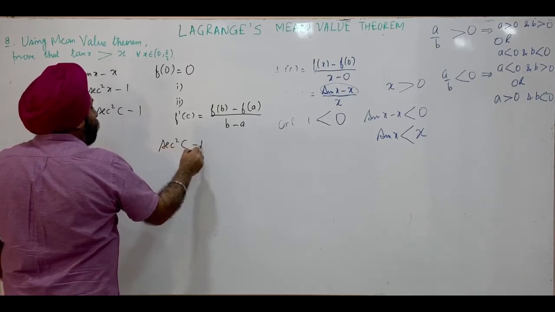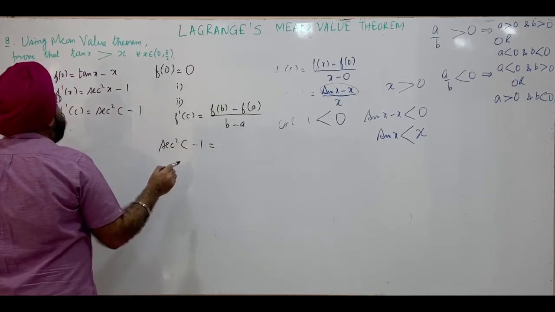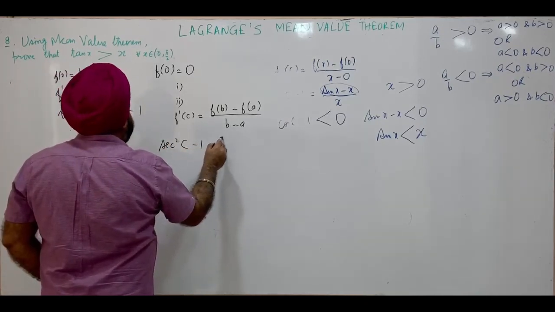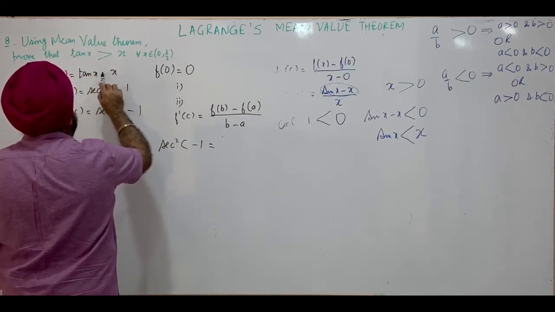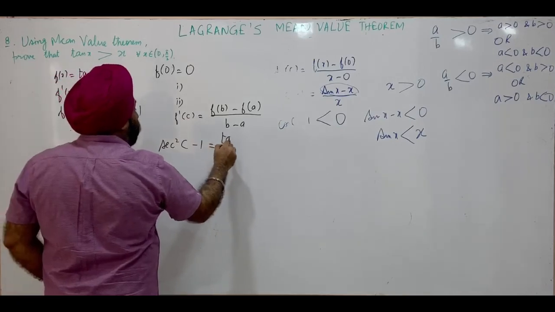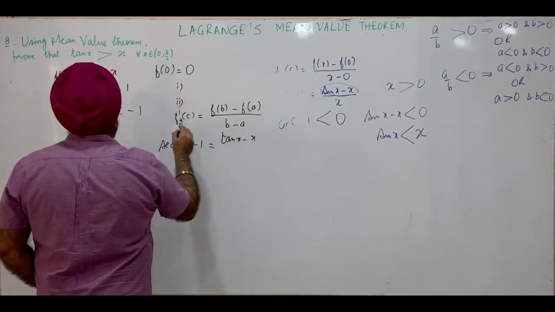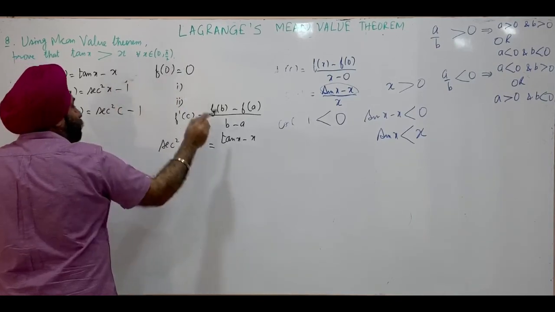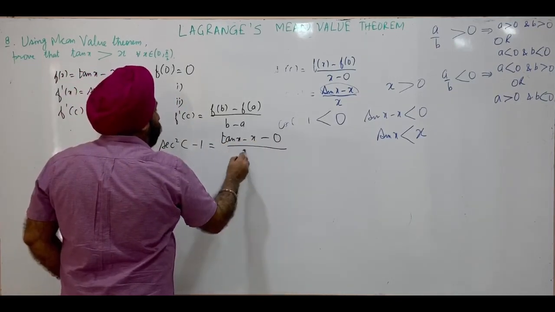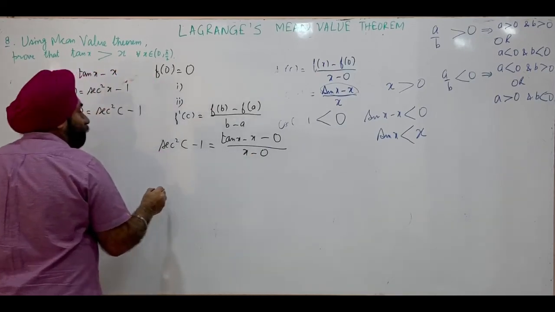Secant square of c minus 1 is equal to, f of b is f of x, this is tan x minus x. And what about f of 0? F of 0 we have already obtained, this is 0, minus 0 upon x minus 0.